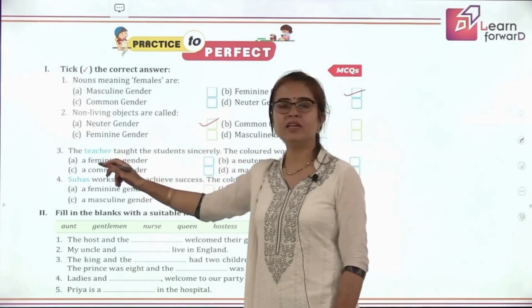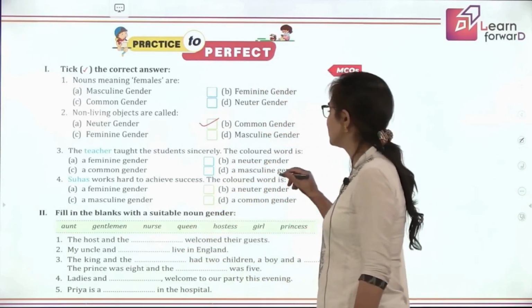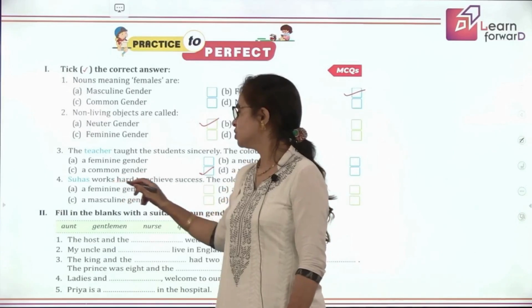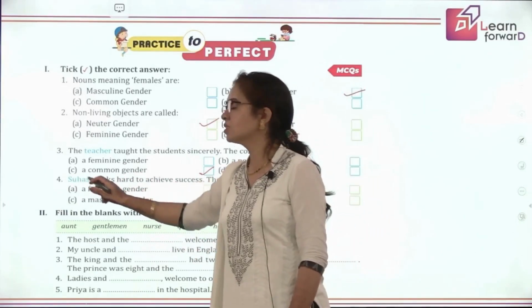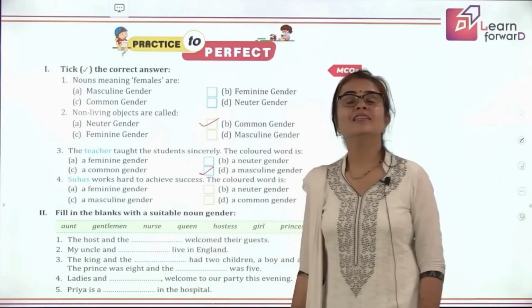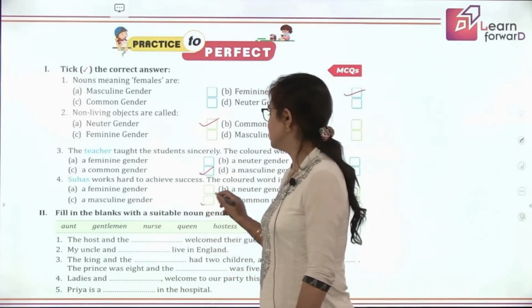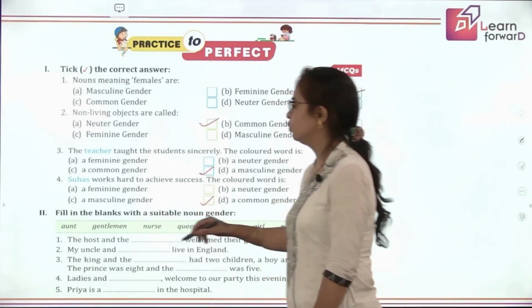Which gender is it? Yes, you're right. Brilliant, students. That is common gender. Suhas works hard to achieve success. Now, again, what is this colored word here? Suhas is a male. So, that is masculine gender. Very good. We are through this question now. Let's move to the next.